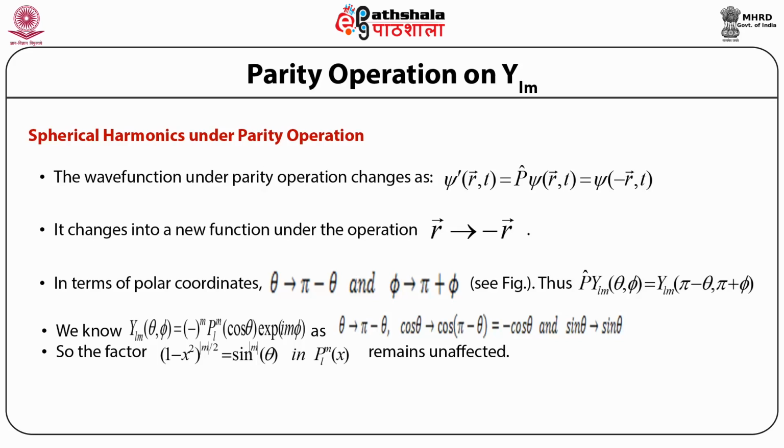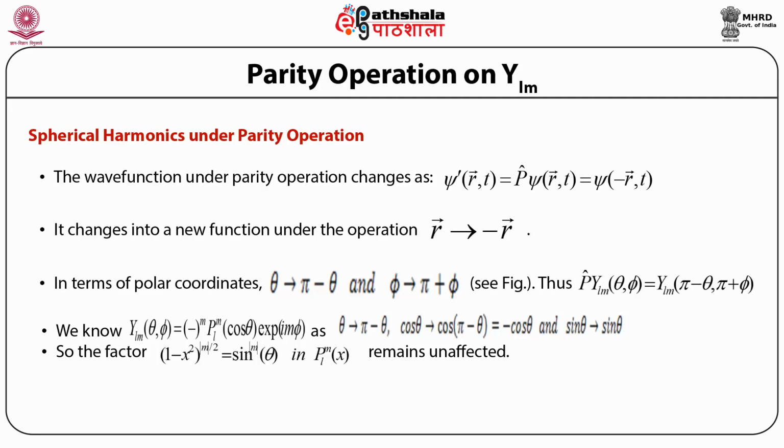Now, as theta goes to pi minus theta under parity operation, cos theta will go to cos of pi minus theta, which is equal to minus cos theta, and sin theta will go to sin theta only. That means sin theta under parity operation remains unchanged.